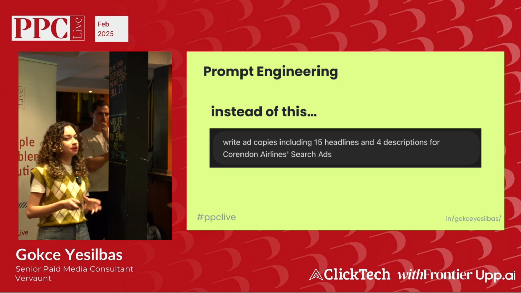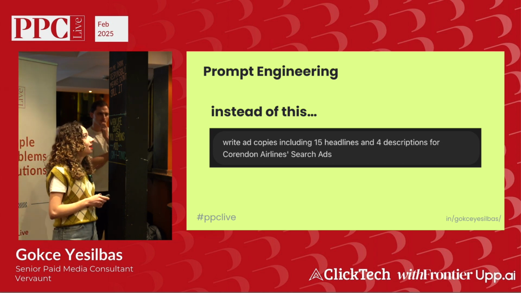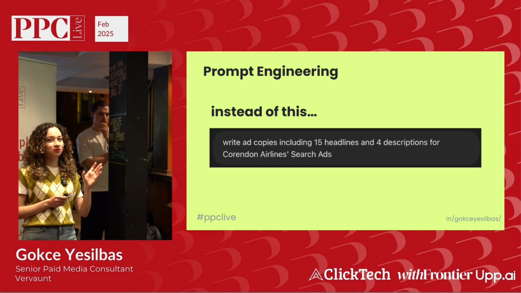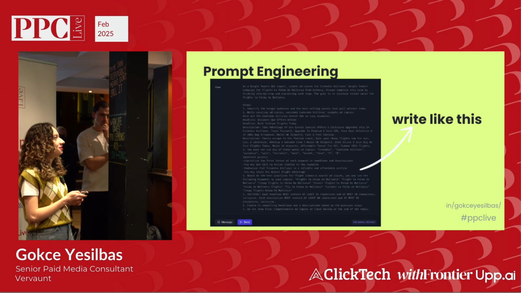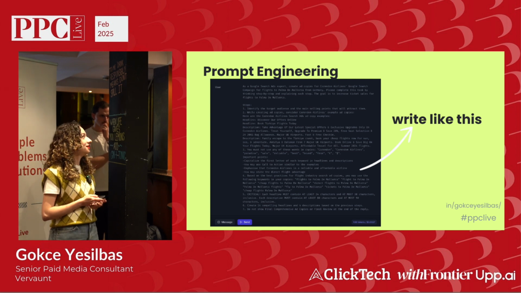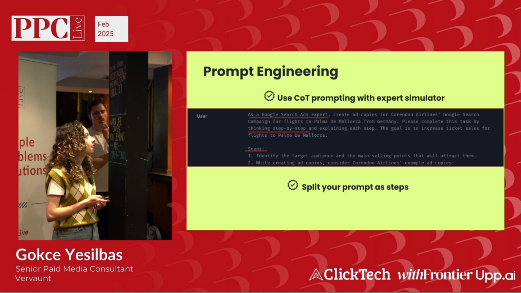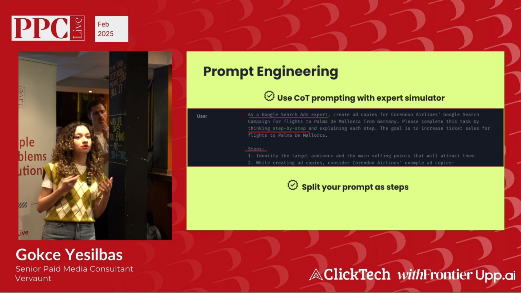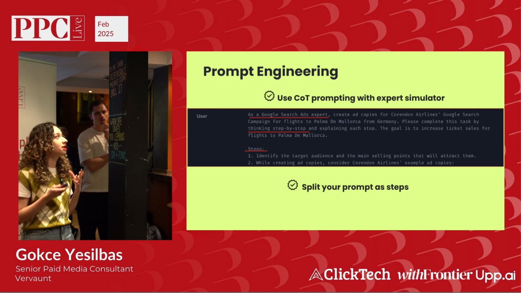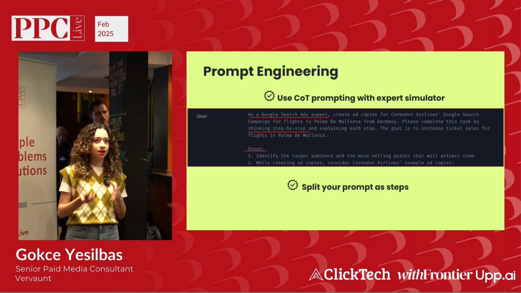So let's look at prompt engineering. Instead of writing short prompts, write like this. So let's look at it in detail. First of all, I highly recommend using chain of thought prompting with the expert simulator technique.